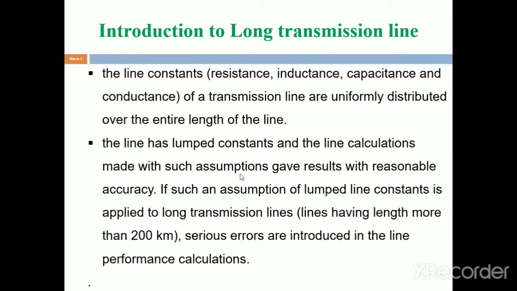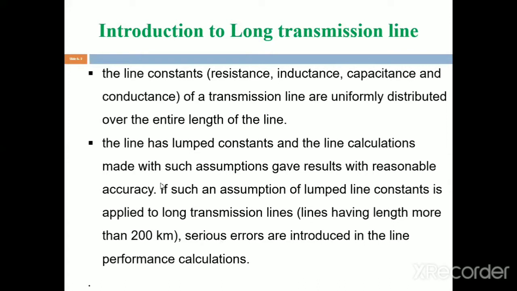While taking the lumped constants of resistance, inductance, capacitance and conductance in the long transmission line, by using that lumped form of these parameters, serious errors are obtained in the line performance.